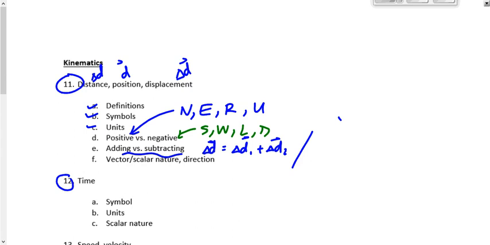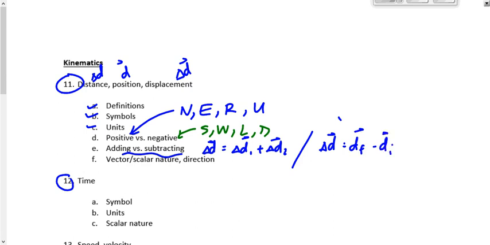If I have 2 different positions, like for instance, my position right now is 2 meters from the front of the room. My position now is 5 meters from the front of my room. Those are 2 different positions where I am. What am I going to do with those to find the displacement? Subtract them, right? I'm going to say the final minus the initial.